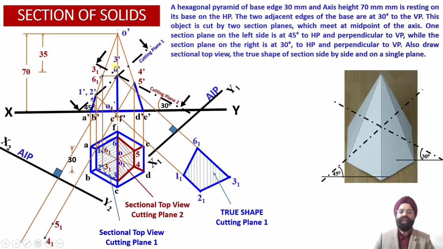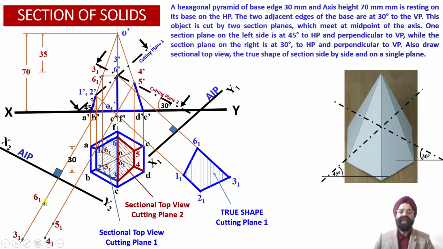Now we have the points 3' and 6'. Corresponding to point number 6, we have measured the distance of point 6 in the plan projection view, and from the front view projection 6', onto this projector line, the same distance we have marked out ahead of the plane.